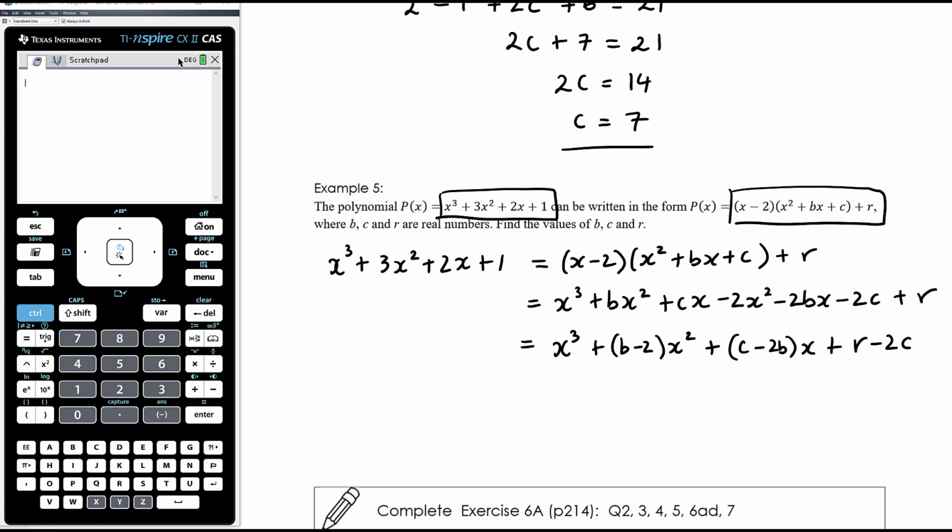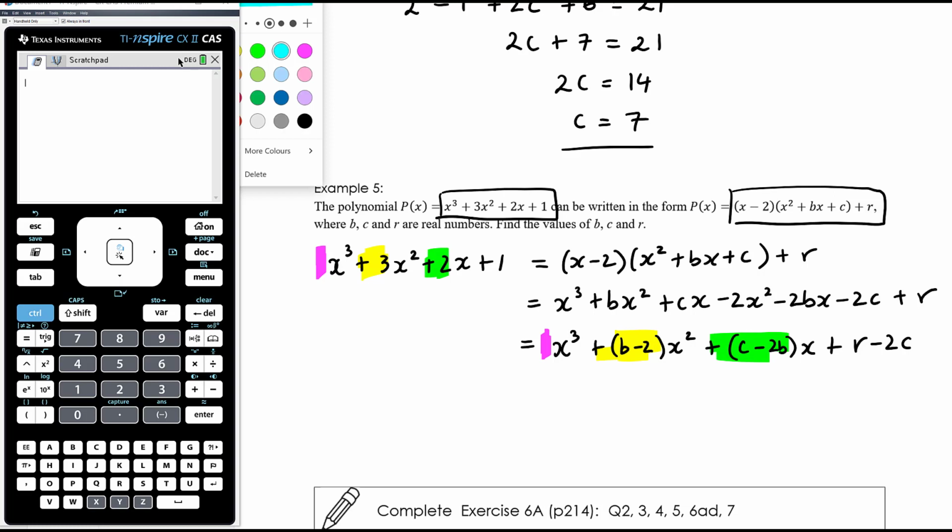Okay, so now we can equate the coefficients. We know that we're going to have 1x cubed and 1x cubed. We know that we're going to have positive 3x squared, so that has to equal positive 3. We know we have positive 2x, so that has to equal positive 2. And then we know that the constant value is positive 1.